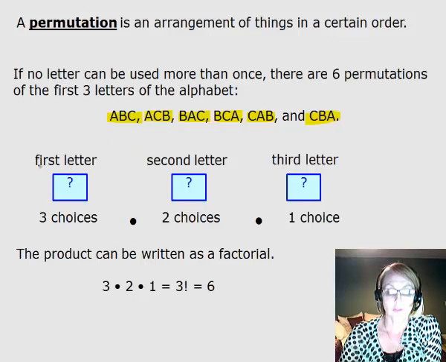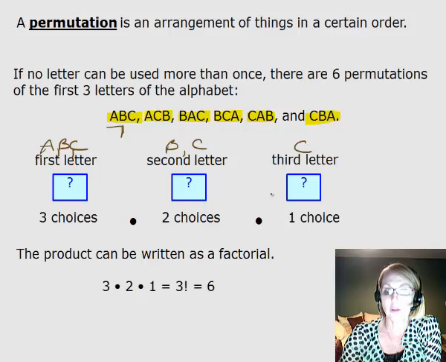Now, for the first letter, we had 3 choices. We had A, B, and C. For the second letter, we only had 2 choices because one of our letters was gone. So if we had pulled out the A for the first choice, the second letter would have to be B or C. So there's only 2 choices. Now if we pulled out A for the first letter and B for the second letter, for the third letter, there's only 1 choice.